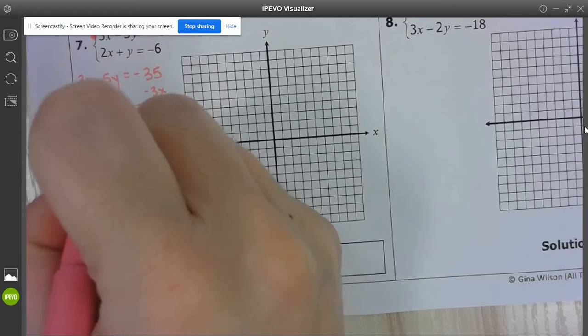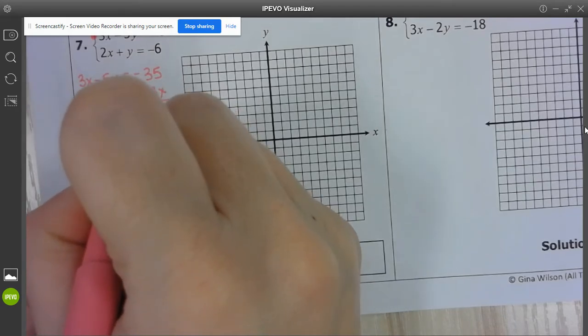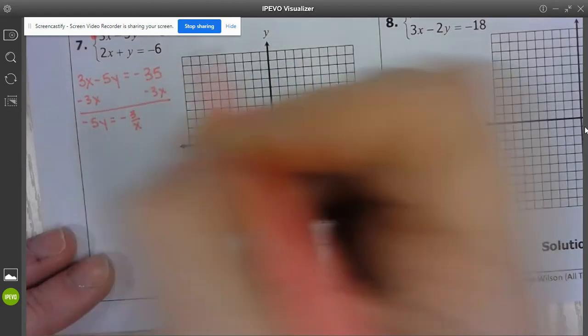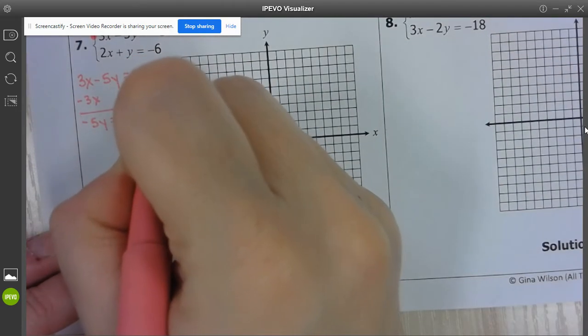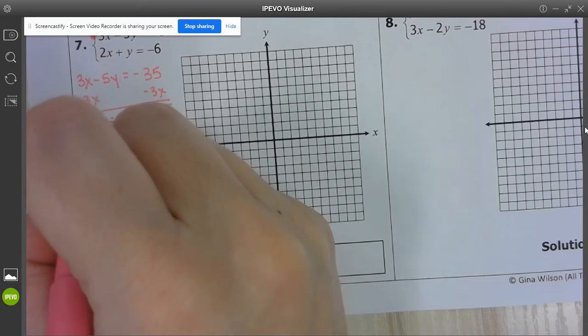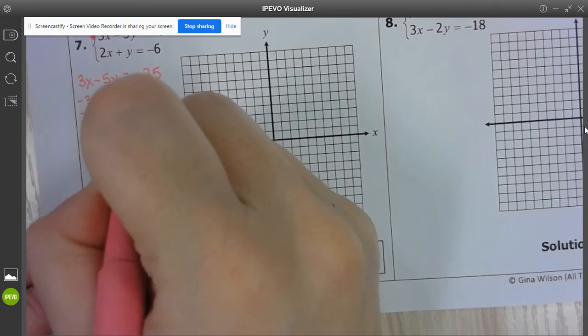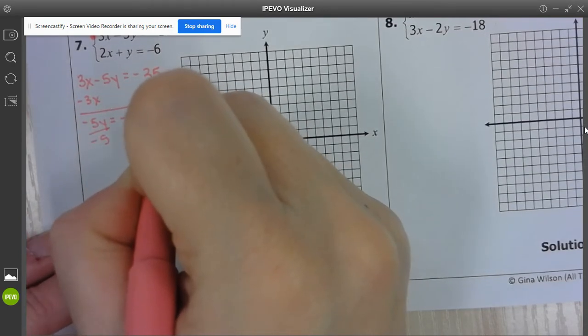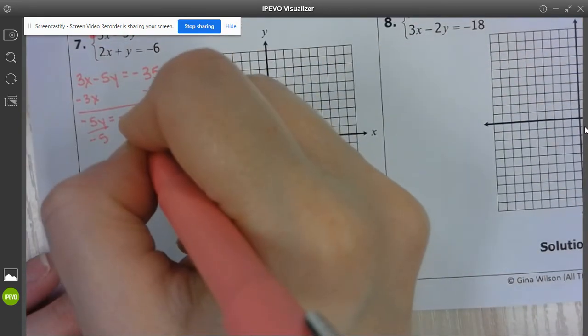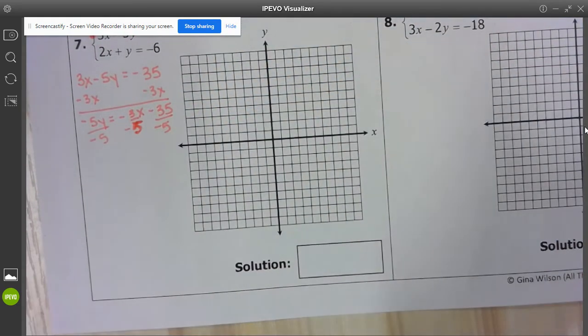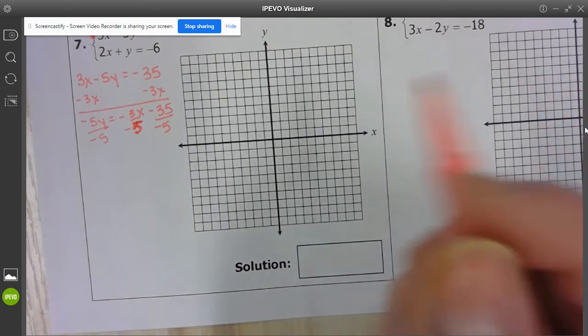Negative 5y is negative 3x minus 35. And I'm dividing by negative 5. Just pretend that this actually looks like a negative 5. Everything is fine.